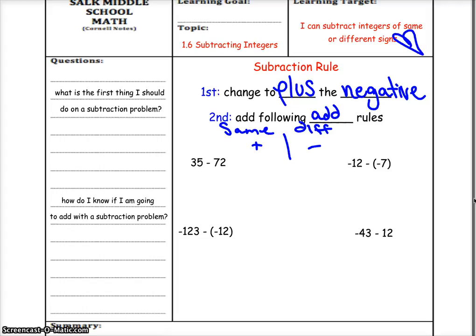So 35 minus 72, I turn this into 35 plus a negative 72. Why? Because that's the step. It's all related to a number line. When you subtract, you're adding negatives to it.